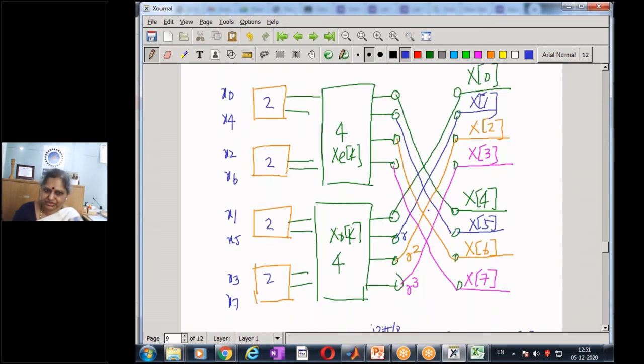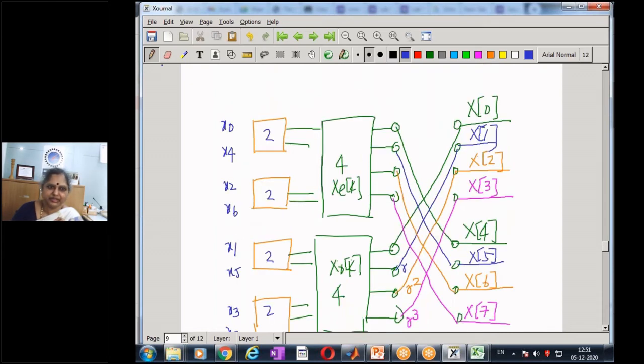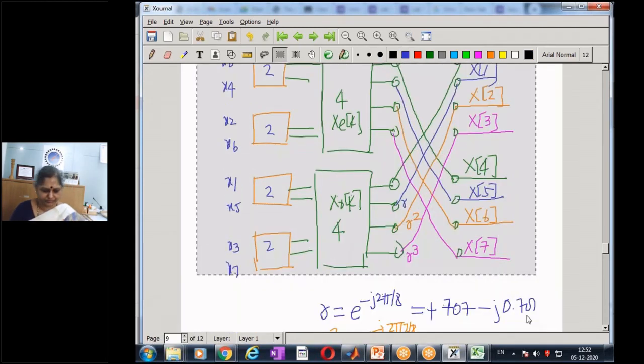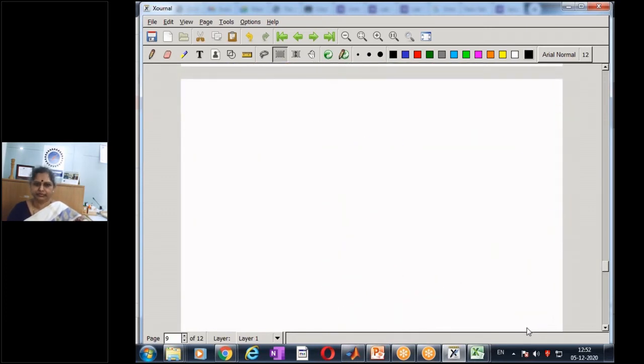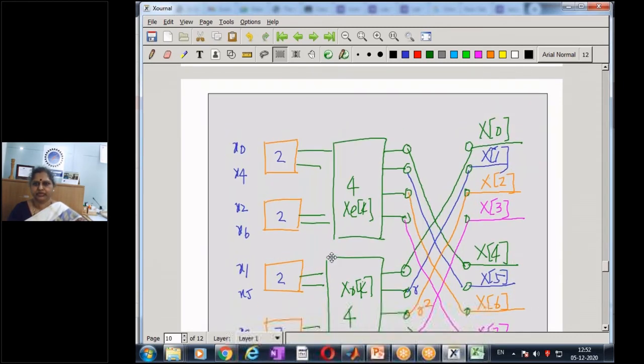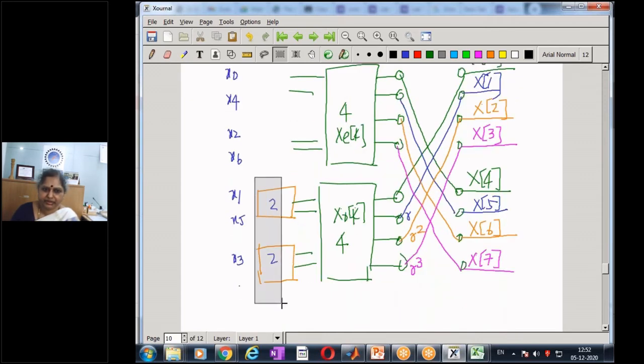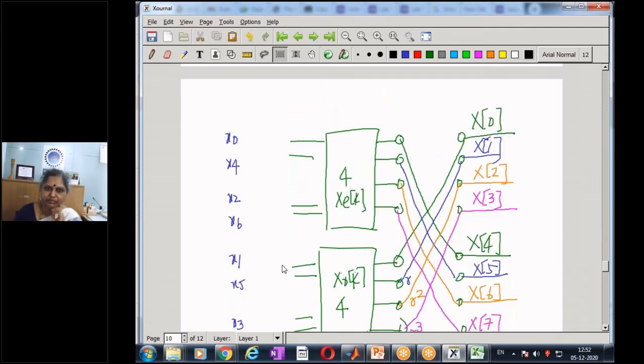Now let us try to draw the same diagram for the other two stages as well, so that the figure is complete. So this is what we have. So now instead of drawing my 2-point DFT, let me draw the 2-point DFT of each of them, and then I will replace everywhere by suitable.